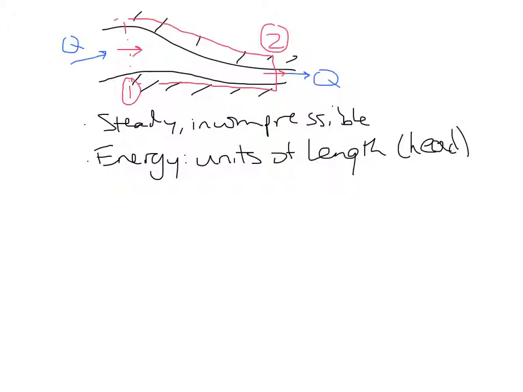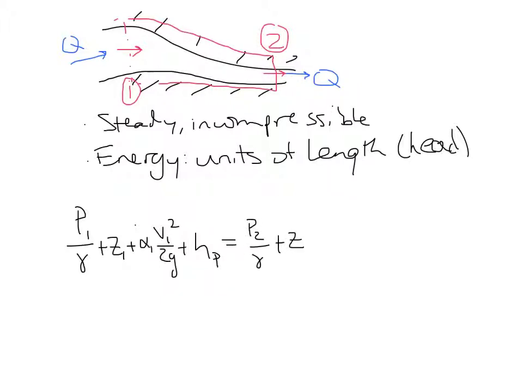With that construct, the energy equation looks a lot like our Bernoulli equation: P1 over gamma plus Z1 plus alpha 1 V1 squared over 2g plus any energy that's added by pumps is equal to the conditions at location 2, pressure, elevation, kinetic energy, as long as we account for energy that's lost to turbines and energy that's lost to friction.